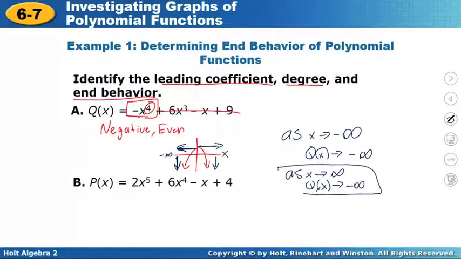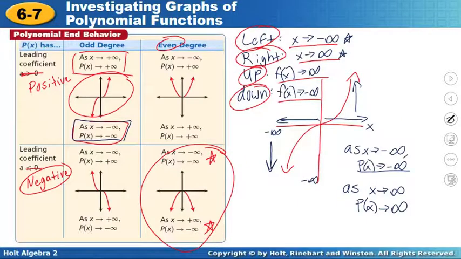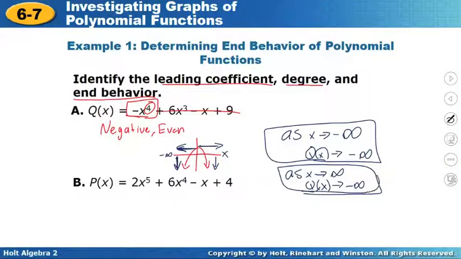You'll see that these are exactly what you would see on your chart. As x approaches negative infinity, q of x approaches negative infinity. And as x approaches positive infinity, q of x approaches negative infinity.